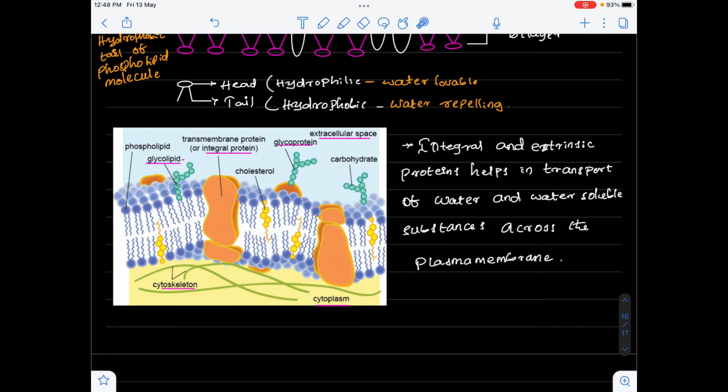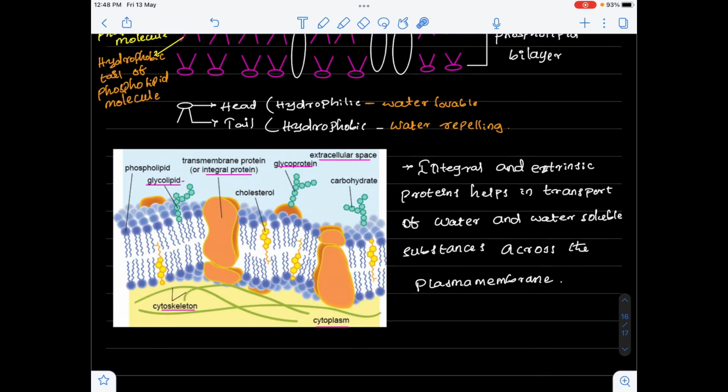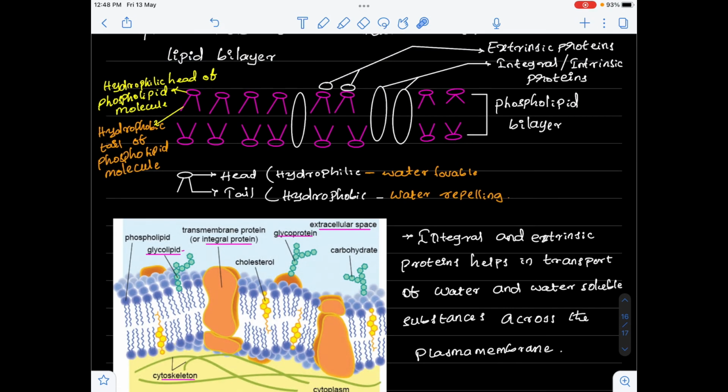Here you may get one doubt: sir, why are these integral and extrinsic proteins involved in the transportation of water and water soluble substances inside the cell cytoplasm or outside the cell across the plasma membrane? This is because, as I have just told you, in each phospholipid molecule the head part only allows the passage of water, but when the water reaches this tail portion, it is hydrophobic in nature.